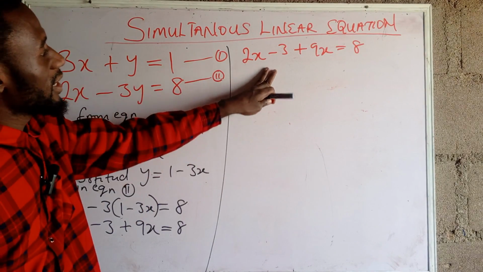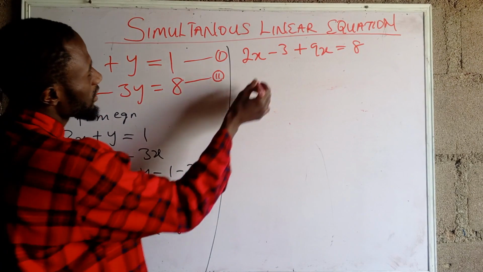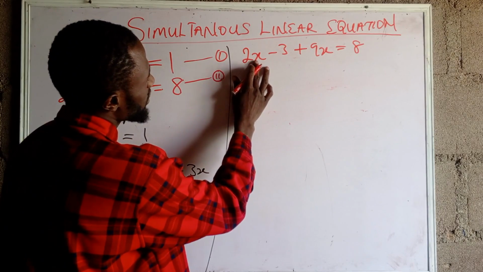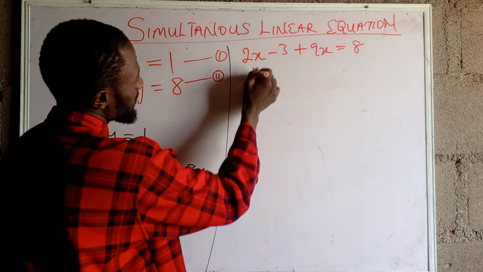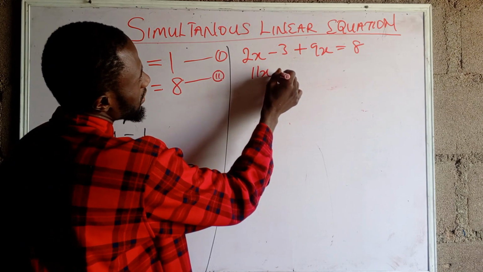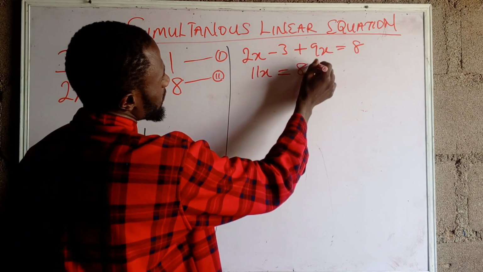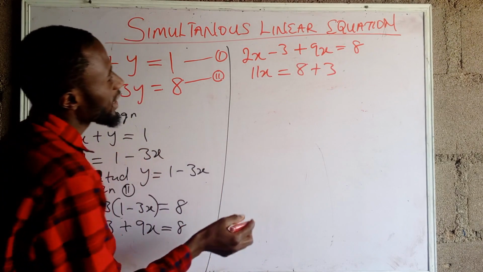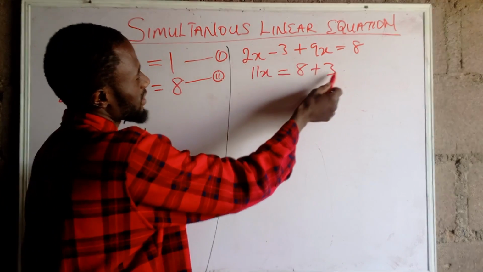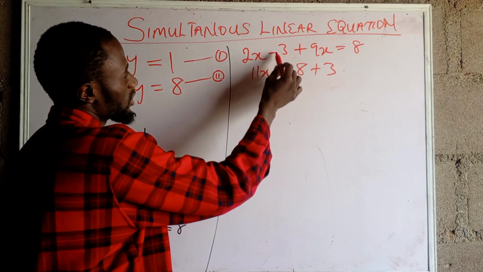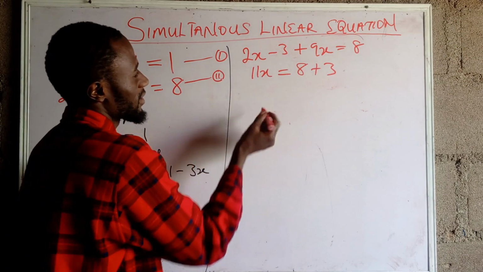Then we're going to collect the like terms here. Since we have 2x plus 9x here, we have 11x. This is equals to 8 plus 3. When taking minus 3 to the right hand side, the sign will change to plus because it crosses the equality sign.